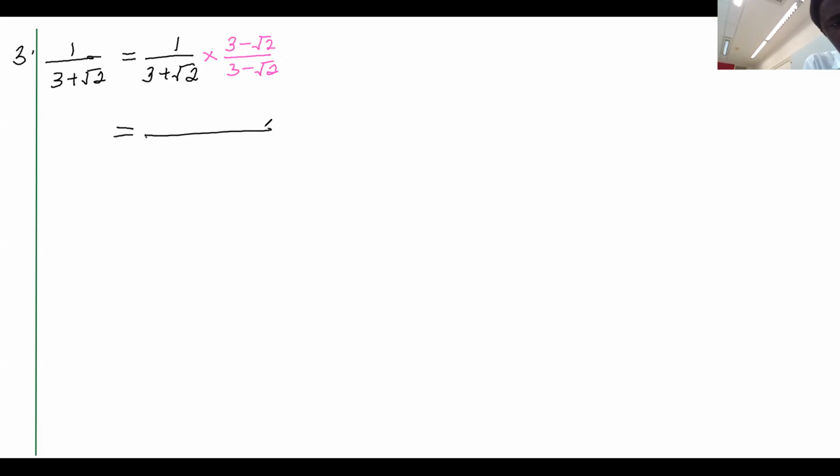The bottom is 3 plus root 2 times 3 minus root 2, and the top remains 3 minus root 2. Remember the difference of 2 squares, don't waste time.